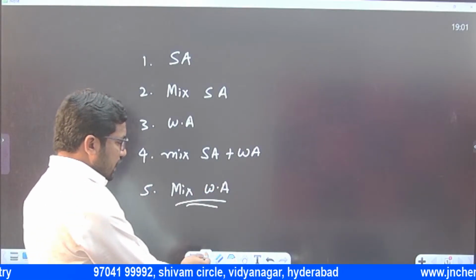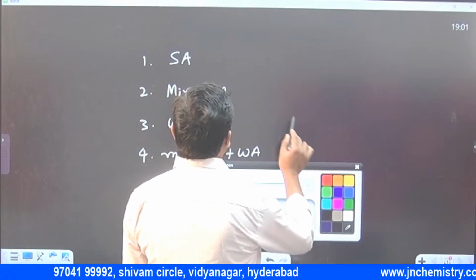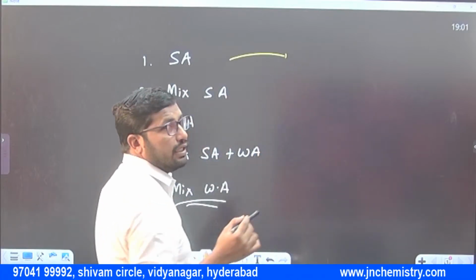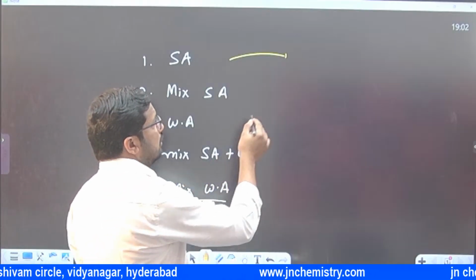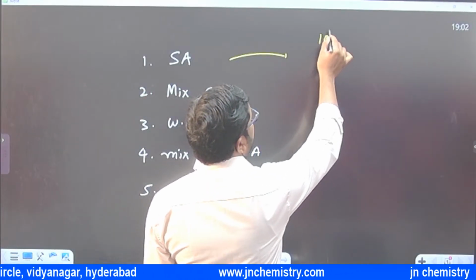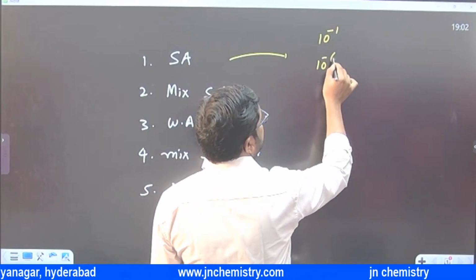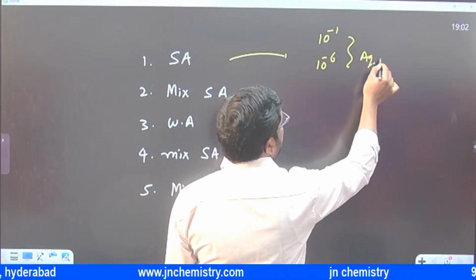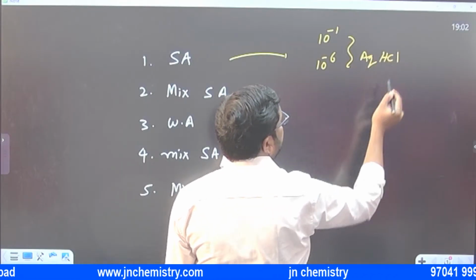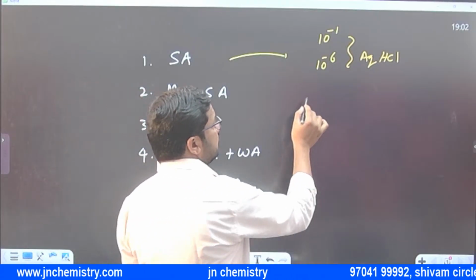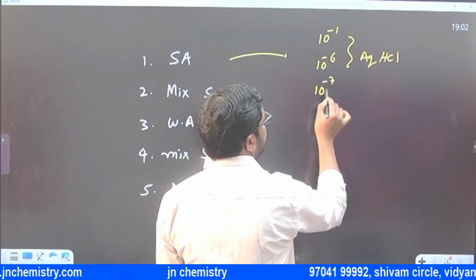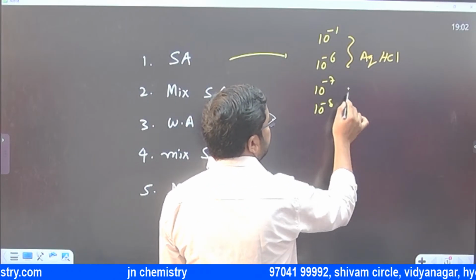So strong acids, I already told you 100% dissociation takes place. Here Ka value is not needed, right? So up to, for example, 10 to the power of minus 1 to 10 to the power of minus 6 for aqueous HCl, we are neglecting the water. But the important thing is the 10 to the power of minus 7 and 10 to the power of minus 8 cases.